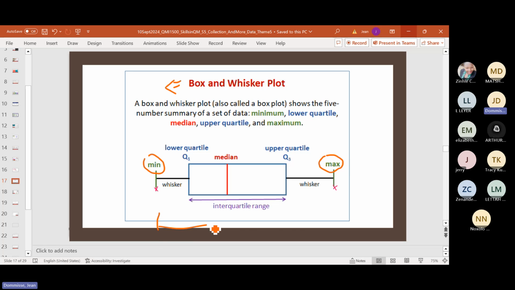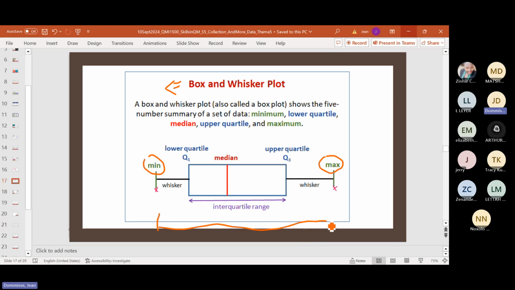That would have been, in our normal calculations, the range. Then we sit and work out a Q1. We work out a Q3. So that's your two parts of a box, sorry. And then in the middle, there is also the median. So that will be all part of the box.